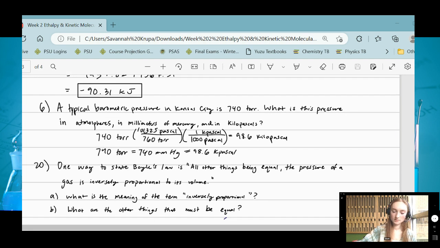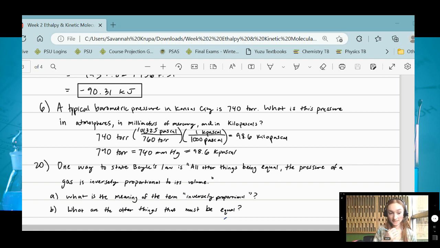Okay, so these just have to do with conversion values, knowing how much of one pressure is equal to another pressure and doing some unit conversions. So let's do that right now. We're working with 740 torr to begin with. It asks for this pressure in atmospheres, millimeters of mercury, and kilopascals.